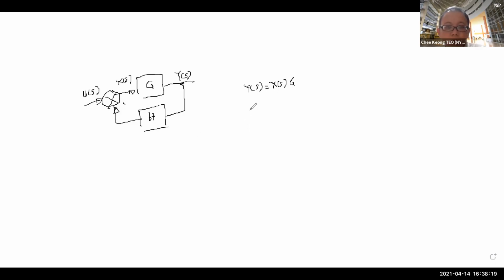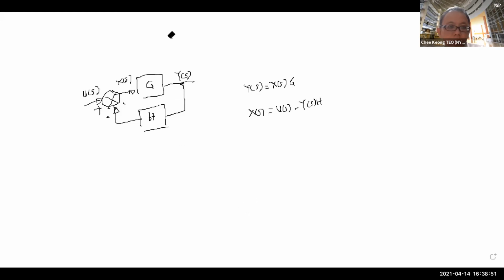And also you have X of S equals U of S minus Y of S times H, right? Because Y of S times H will be presented over here. And this is a minus sign, this is a plus sign. That's the reason why you have a minus here, right? So far so good?